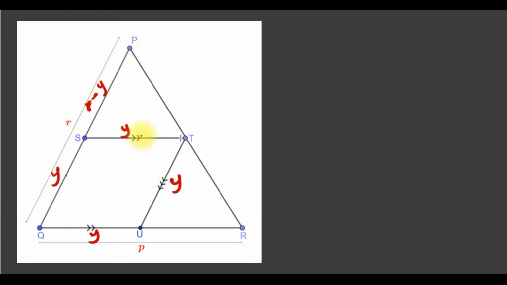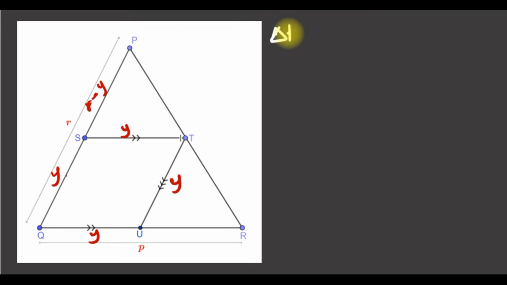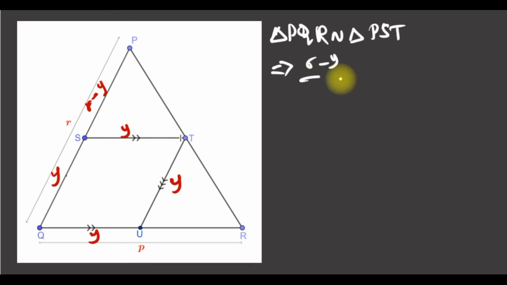Using the similar triangle theorem, triangle PQR is similar to triangle PXT, which implies that the ratio of the corresponding sides is as follows.